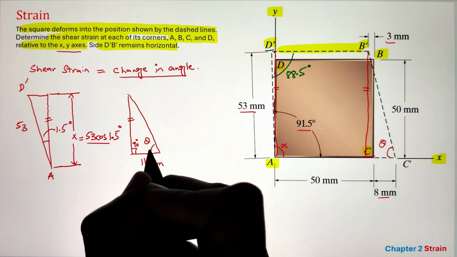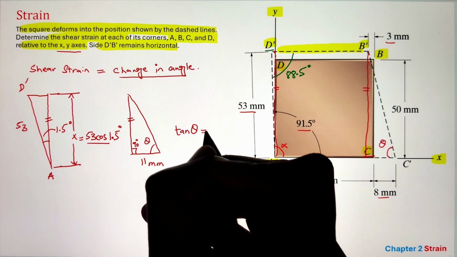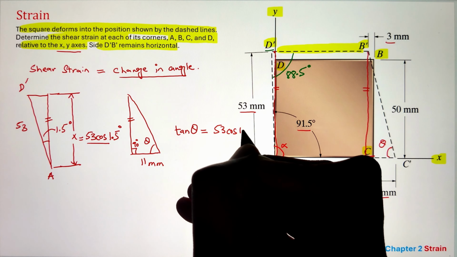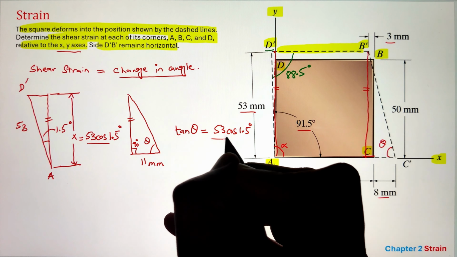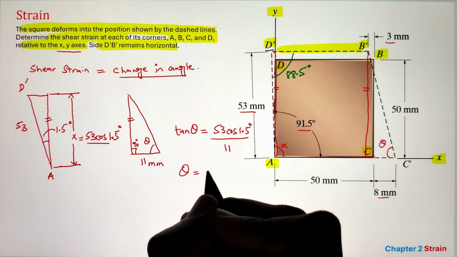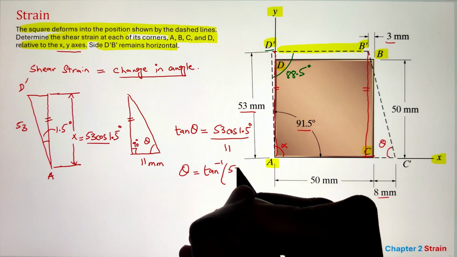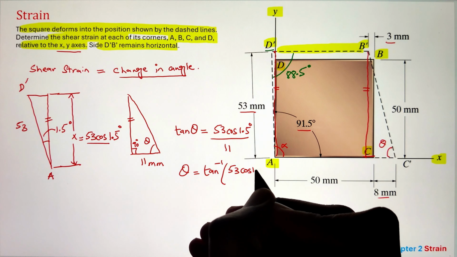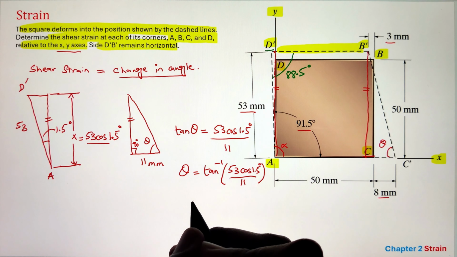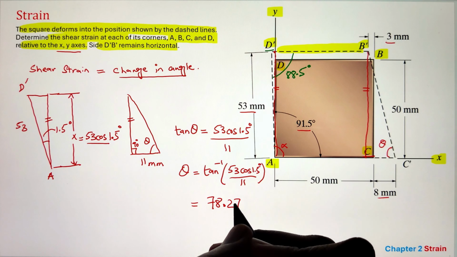Since we know the distance between point D dash and A as 53 millimeters, and the angle between this line and the vertical line is 1.5 degrees, we can calculate the vertical line, given by the variable x, using the cos function. So this distance equals 53 cos 1.5.